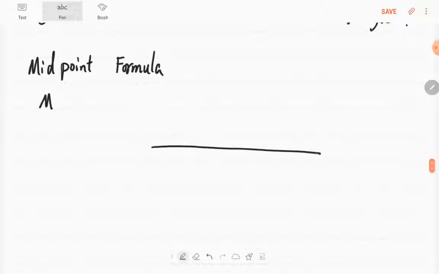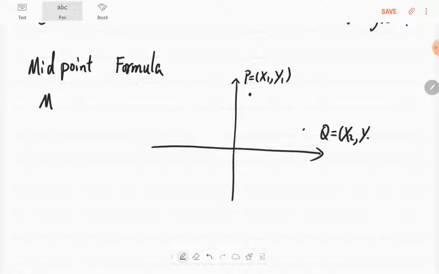If you have these 2 points, this is P, which is (x1, y1), and this is Q, which is (x2, y2). This is the connection between these 2 points, and this one would be the middle point, M.